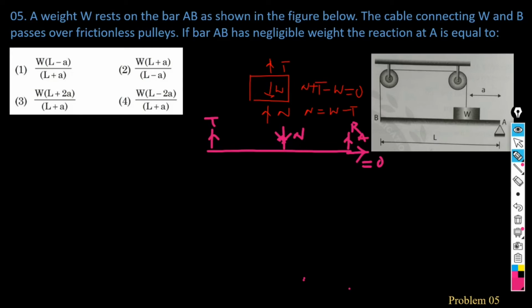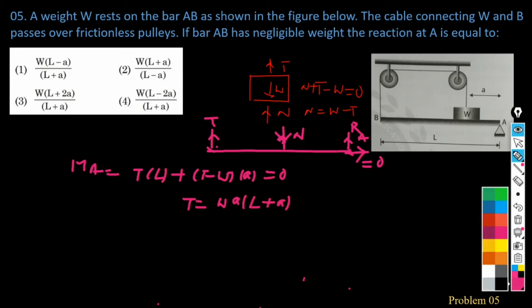Let me take moment about point A. Then T into L plus T minus W into A is equal to 0. From here T is equal to WA divided by L plus A.